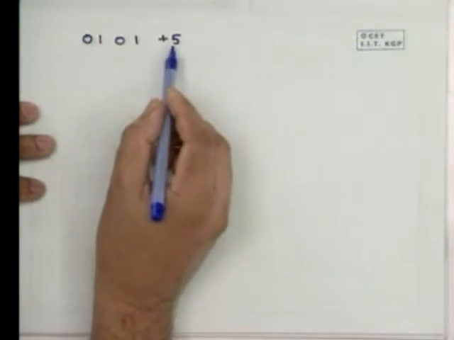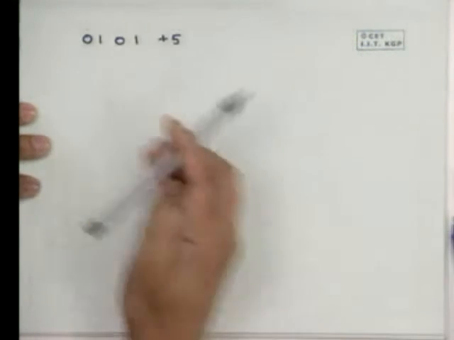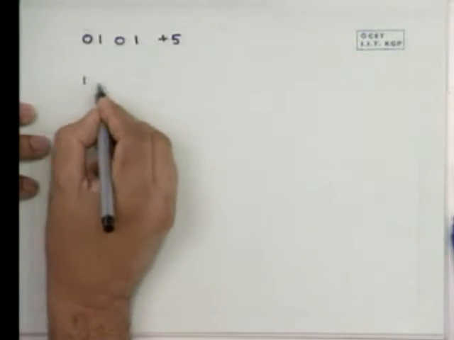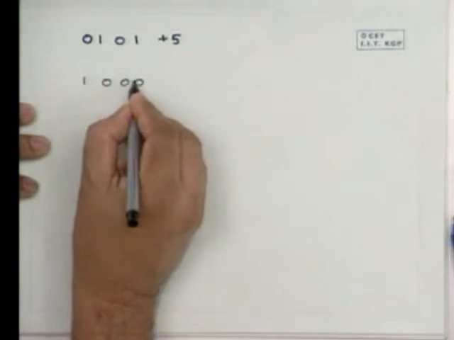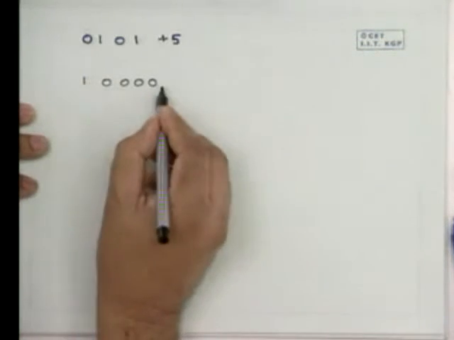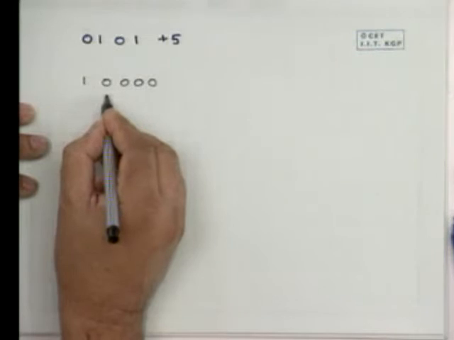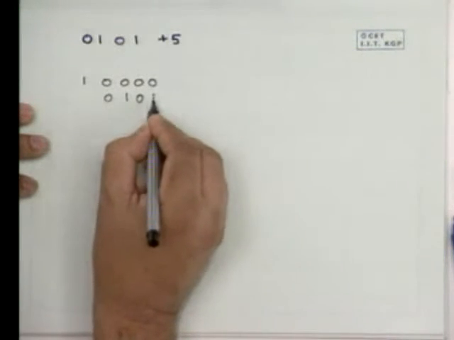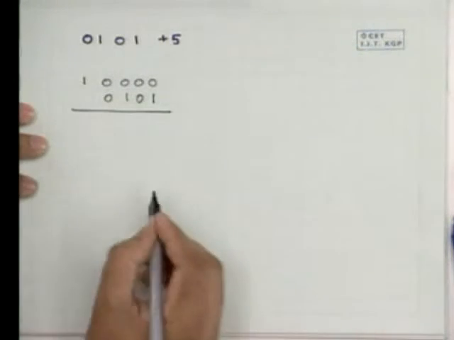But if we want to represent minus 5, what we do is this: we take 1 0 0 0, this being a 4-bit representation, take 0 1 0 1 and subtract it.